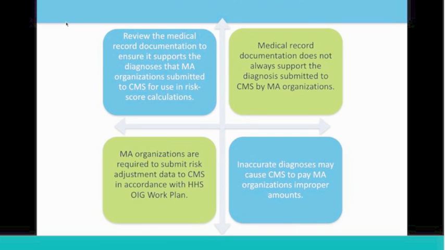They are required to submit risk adjustment data to CMS in accordance with the HHS OIG work plan fiscal year 2016. Payments to the Medicare Advantage organizations are adjusted on the basis of the health status of each beneficiary. So when inaccurate diagnoses are recorded to CMS, it could cause improper payment amounts to the Medicare Advantage organization.